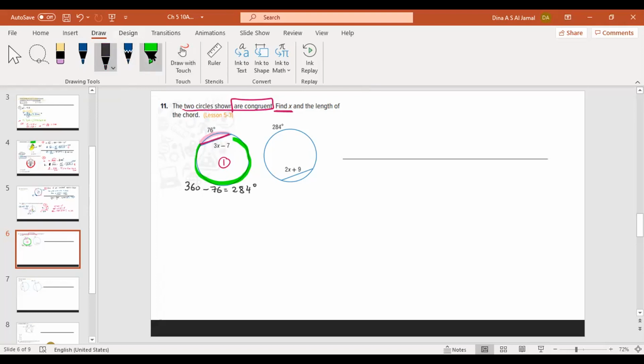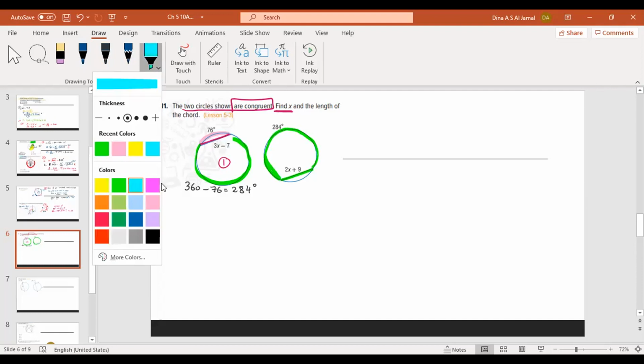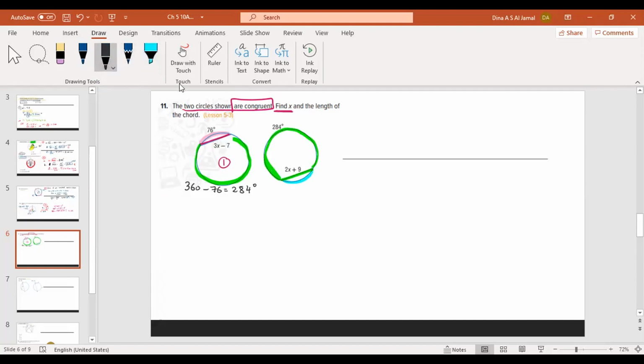Now let's focus. In this question, he gave you the chord and the major arc, but the minor arc is missing. So again, 360 minus 284 will give you 76. Good.